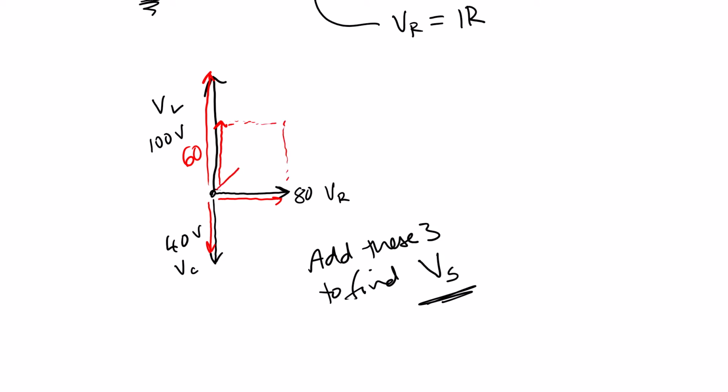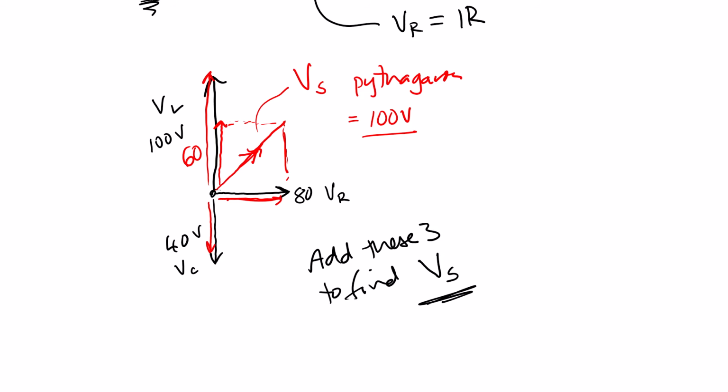The resultant is here, and this is the voltage of the supply. And we can use Pythagoras, this squared plus this squared equals this squared, 3, 4, 5, and so we're going to get the voltage of the supply is equal to 100 volt.